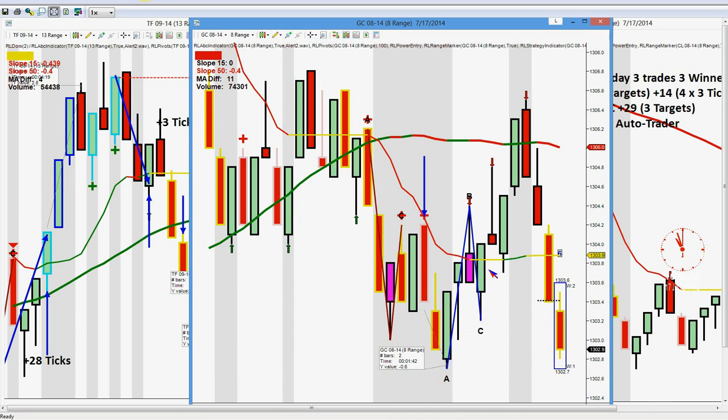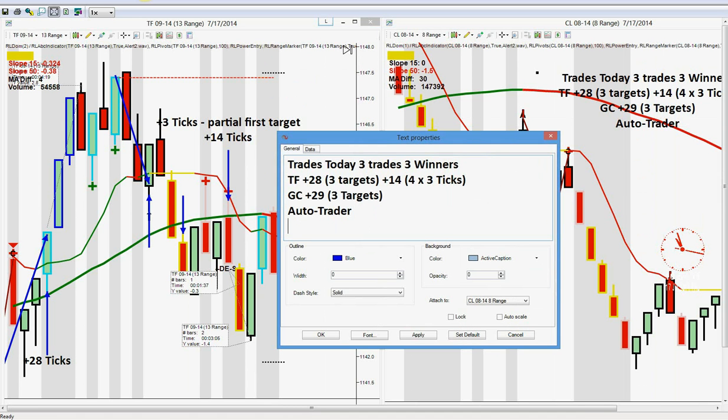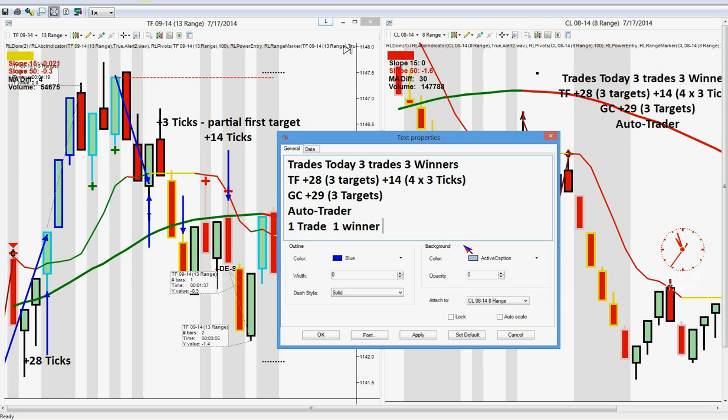Went 6, only 1 target. Let me just put that up. Auto trader had 1 trade. One winner. It also had a win yesterday, late in the afternoon, which we also did not count. This was trading hours that we don't recommend to trade. And that was a first target.